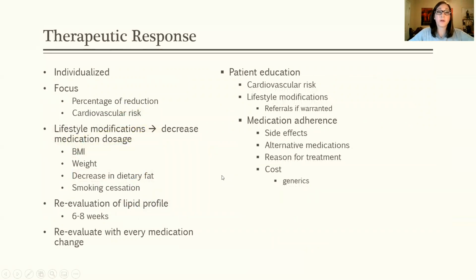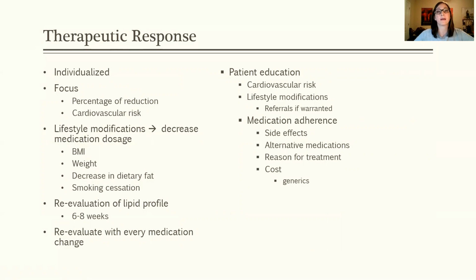So what you're looking for with therapeutic response in patients with hyperlipidemia, it's very individualized per patient. There's really been a focus more so on the percentage of reduction versus the actual number, like your LDL levels, as well as decreasing the cardiovascular risk.